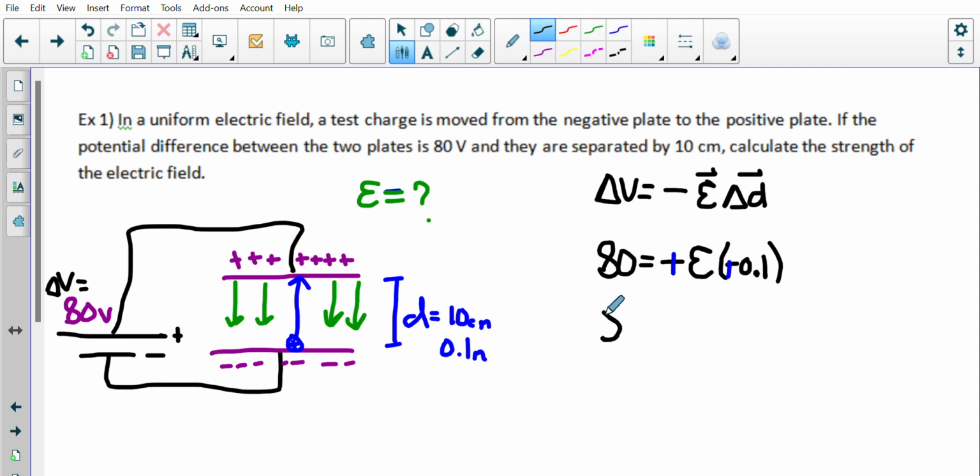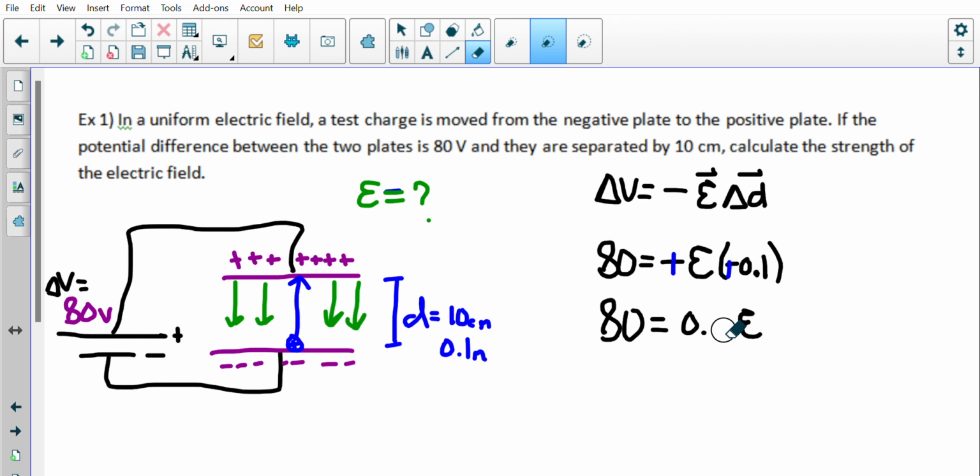So we got 80 is equal to, I guess we put our 0.1 first here in front of epsilon. And then I want to get epsilon by itself. Whoops, not 0.8. Should have a 0.1 there. Let's get rid of that. There we go. All right, so I'm going to get epsilon by itself. I'm going to divide each side by 0.1.